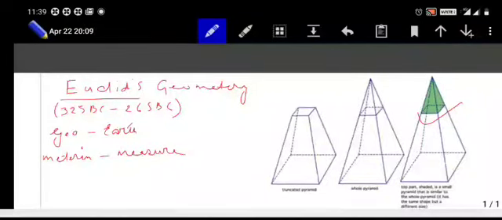So what Euclid did, he collected all the information. For example, this is a circle, but in some places it may be named differently.